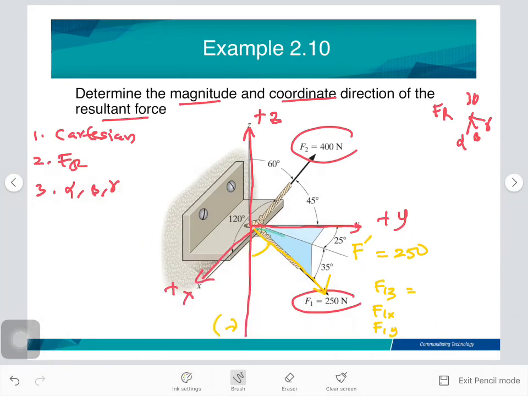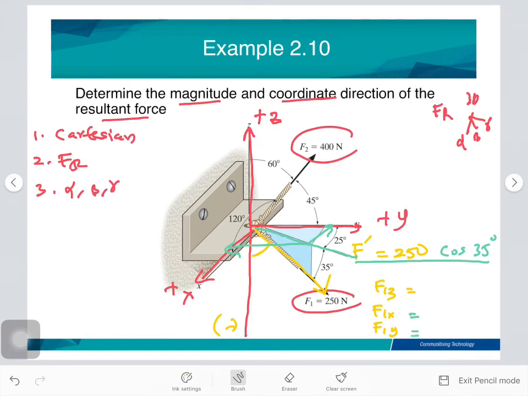Because this plane is where we resolve for y and x, that's why we need to resolve F1 into F prime. So F prime is equal to 250 cos 35 degrees. After you resolve F prime, you can resolve into F1x and F1y.